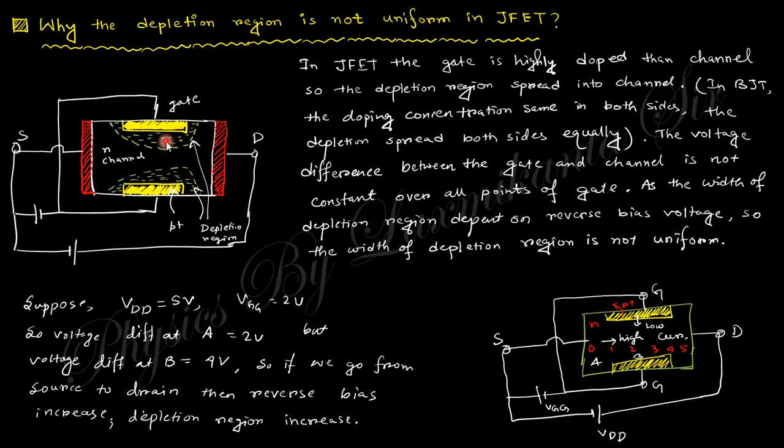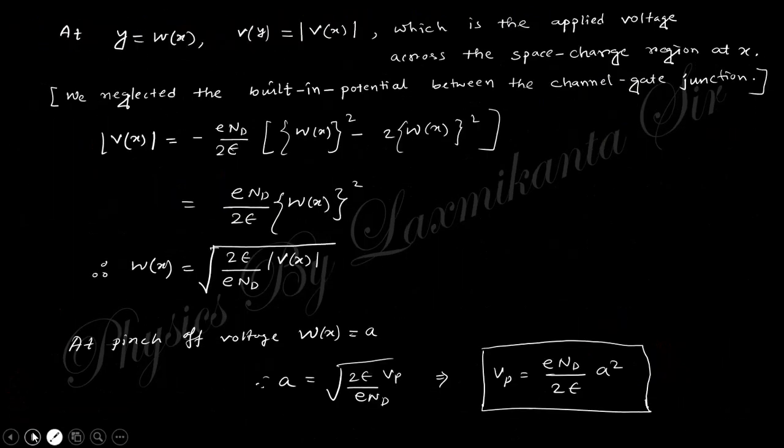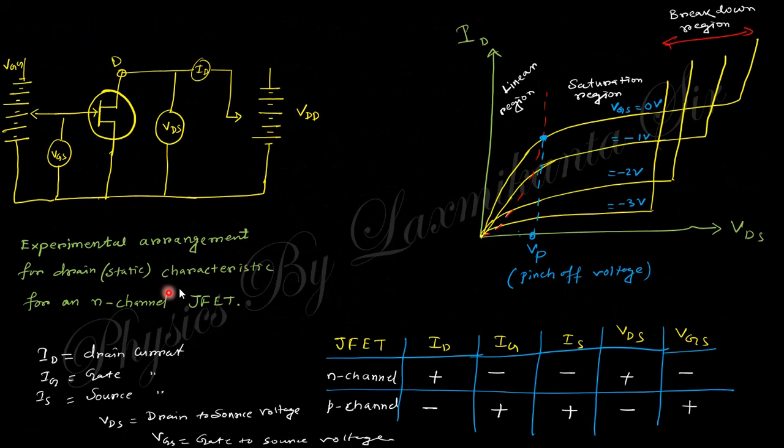If you increase the drain voltage, the current will increase linearly, and after a certain voltage, it will saturate because these are in reverse bias. After increasing the voltage to a certain value, this will be in the breakdown region.